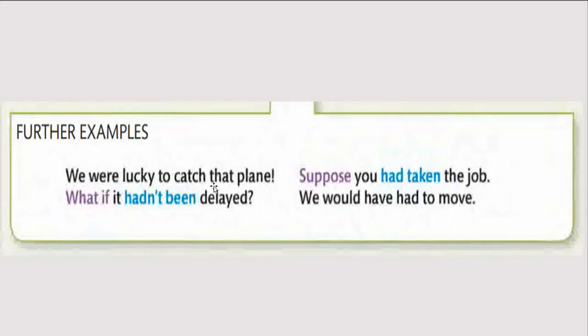We were lucky to catch that plane. What if it hadn't been delayed? This is again past perfect. Hadn't been delayed. Suppose you had taken the job, we would have had to move. At this moment, you are requested to pause the video and construct a few sentences based on the structure that is given on the screen.